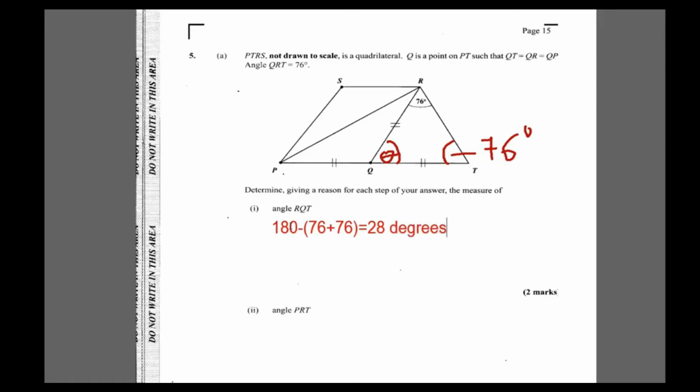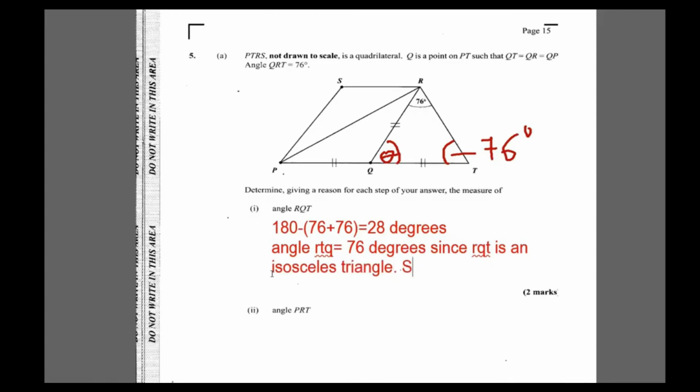Now, since angle RQT is 28 degrees, give them the reason. We can tell them that angle RTQ equals 76 degrees since RQT is an isosceles triangle.